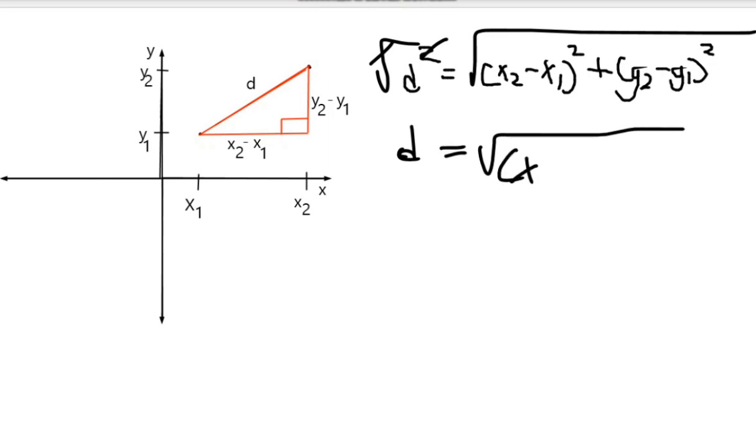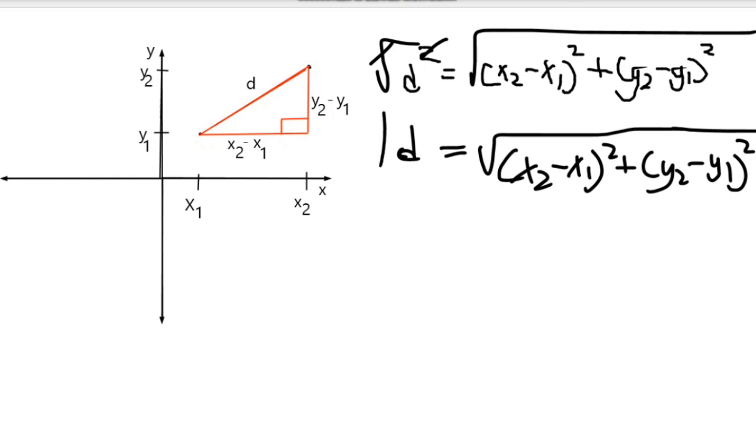To solve for distance, we just take the square root of both sides of the equation, and then we get this. Why doesn't the square root cancel on the right side of the equation? Because we're adding them, which is one of the properties of radicals. So that's the distance formula and how to derive it.